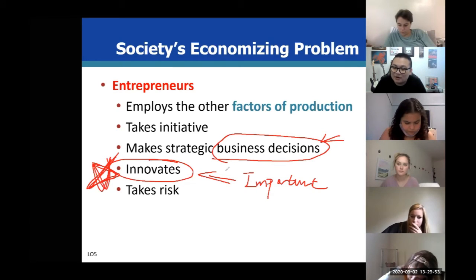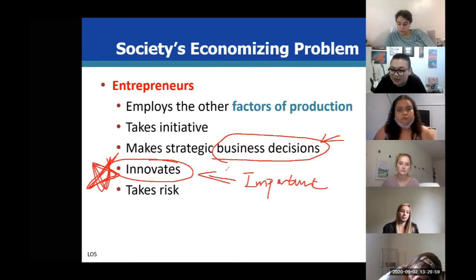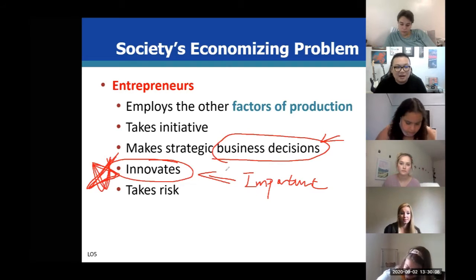Another innovation I would like to talk about is maybe the cord-free vacuum, because I'm a huge fan of that, like the Dyson vacuum. It's very, very handy. You don't need to have a cord with you. That is innovation. So once again, the most important characteristic for you to know for an entrepreneur is to innovate.